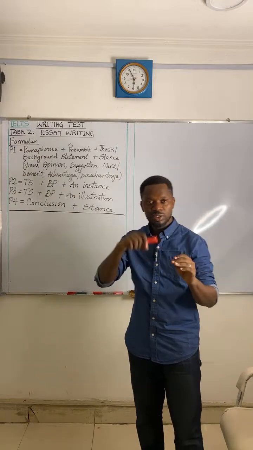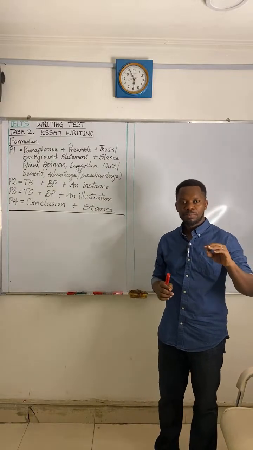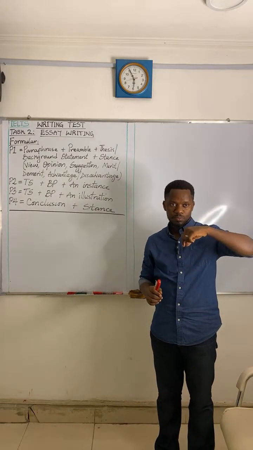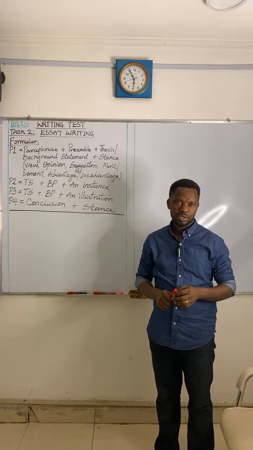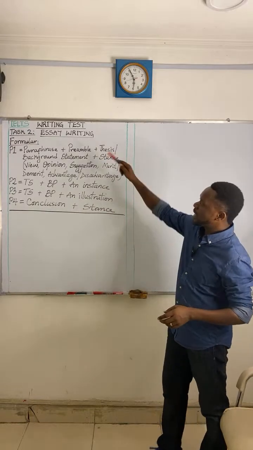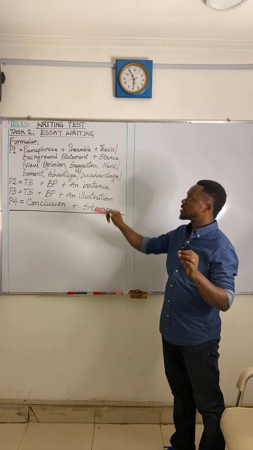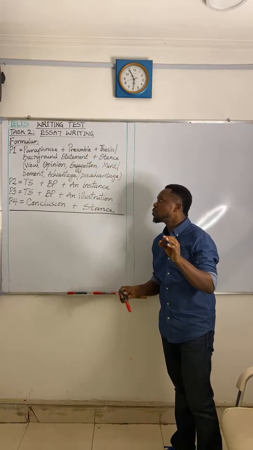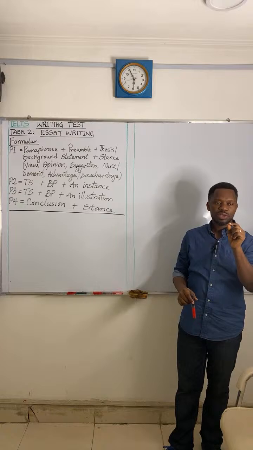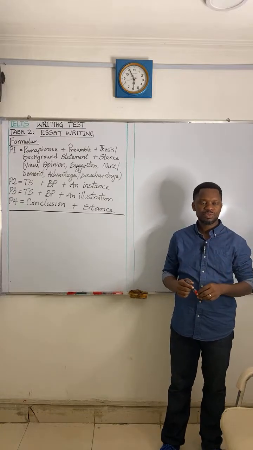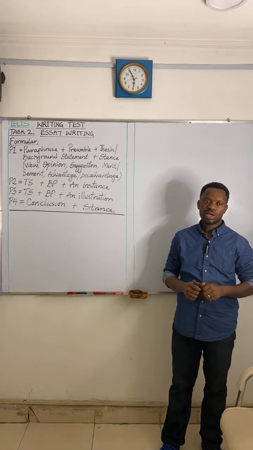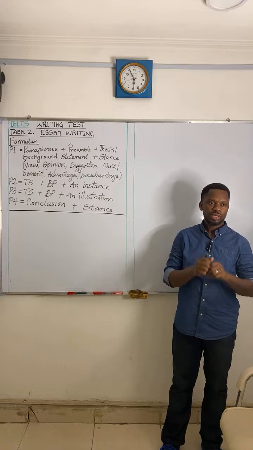You can write above 150, but please do not write below. You will be losing marks. Then in essay writing, you are required to write a minimum of 250 words. You shouldn't write less than 250, but you can write more.